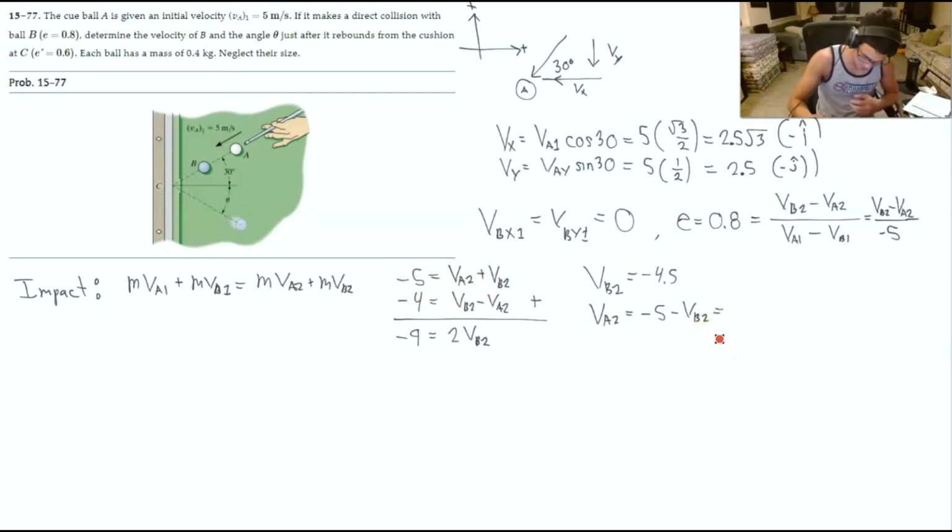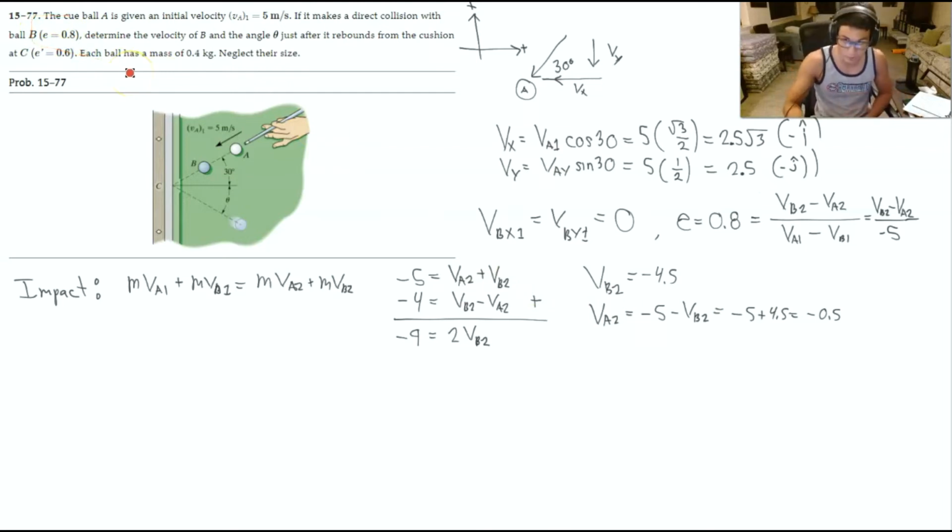And then this is going to be -5 minus minus, so plus 4.5. So we get -0.5. So yeah, A is still rolling, but most of the velocity is transferred to B. Remember in the beginning I said, in a perfect world, all of the velocity will be transferred, but in a non-perfect world, in an elastic, I believe it's called elastic collision. Yeah, so this makes sense. So VB2, we have that.